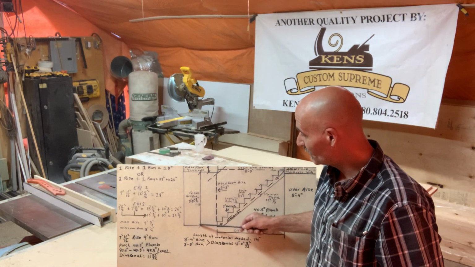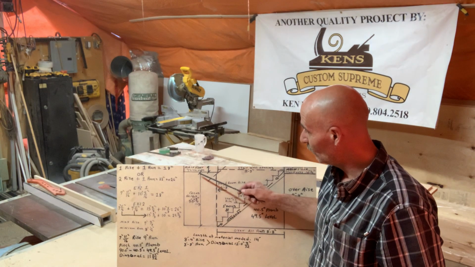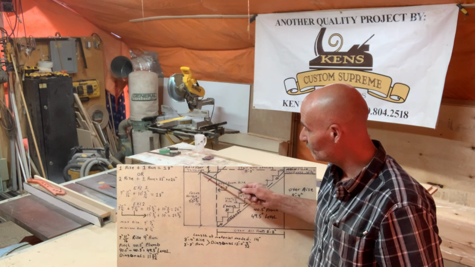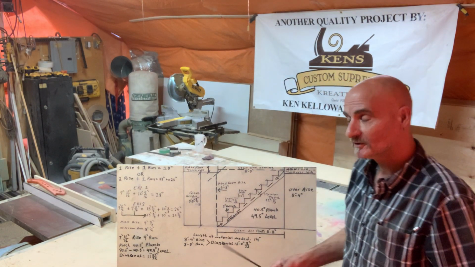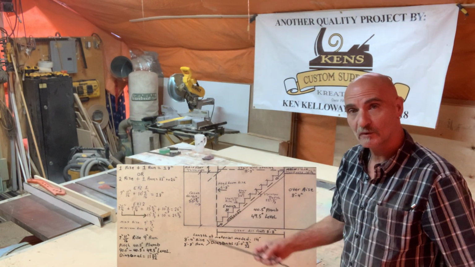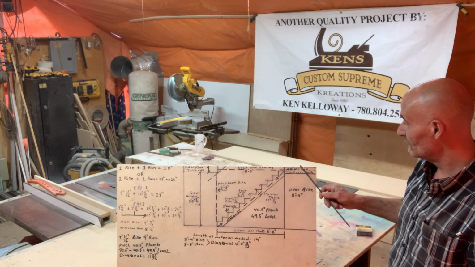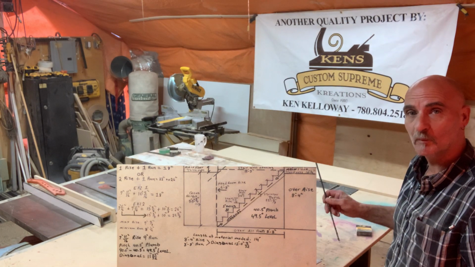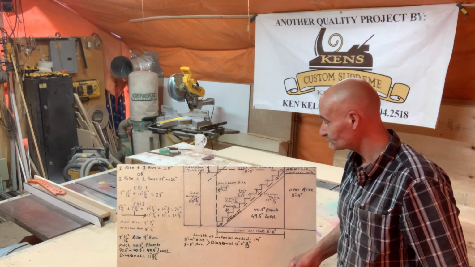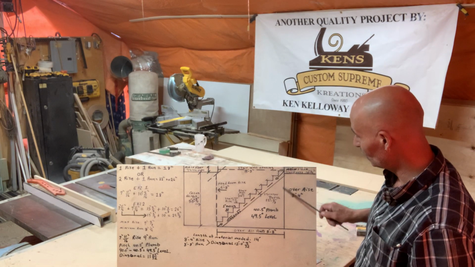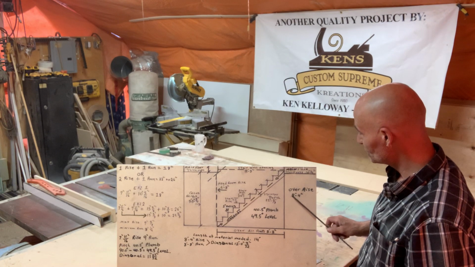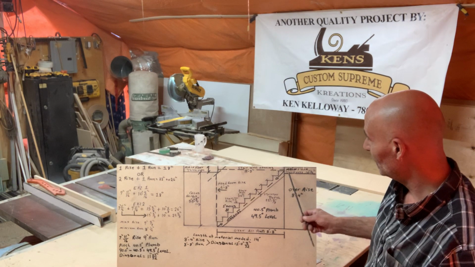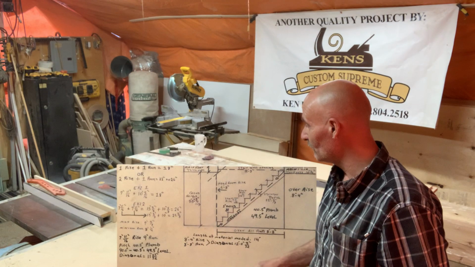Over here, from the concrete floor to the underside of the floor joists, I got 89 3/4, 7'5 3/4", and the thickness of my floor is 10 1/4 inches. So now I know my overall rise, which is 8'4". Then I got to know my overall run.